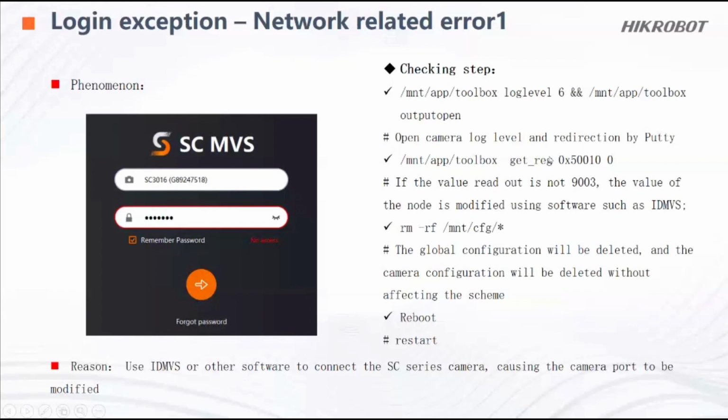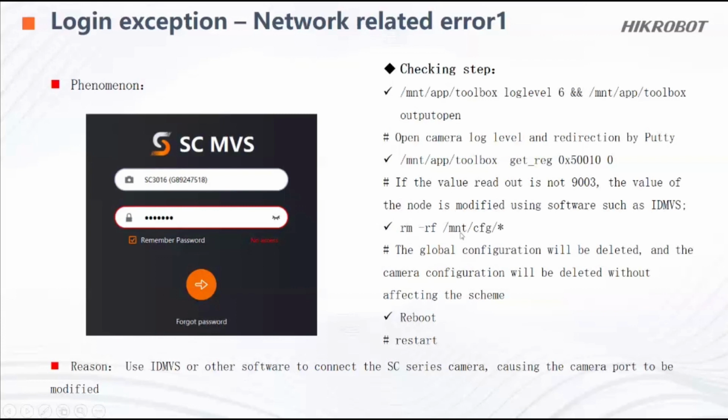For this step, if you quickly change back to your original parameters, it will also show 19 and 3. So even if the value is 19 and 3, you can continue with the following step, because the next step is to delete all the global configurations of the cameras and return to the default.